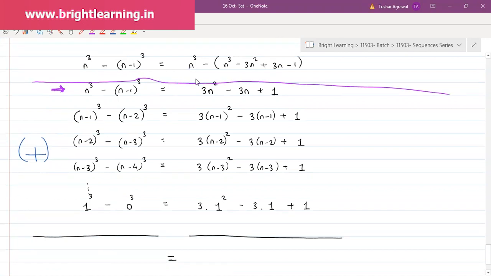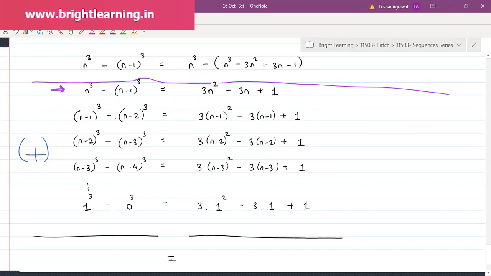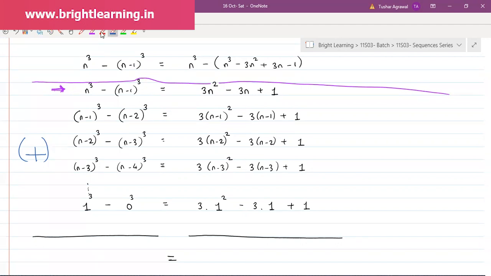From here I'm adding. So this n cube, n minus 1 cube, n minus 1 cube. Can you see that, sir, here this negative n minus 1 cube is getting cancelled out with this positive n minus 1 cube. This negative of n minus 2 whole cube is getting cancelled out with positive of n minus 2 whole cube. Negative of n minus 3 whole cube is getting cancelled out with positive of n minus 3 whole cube.